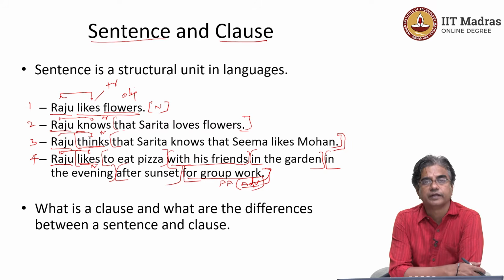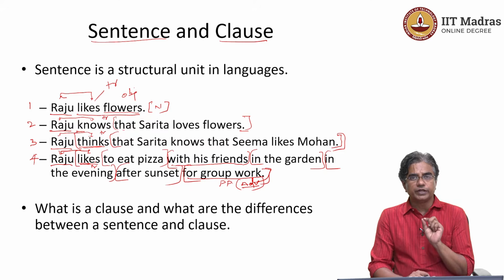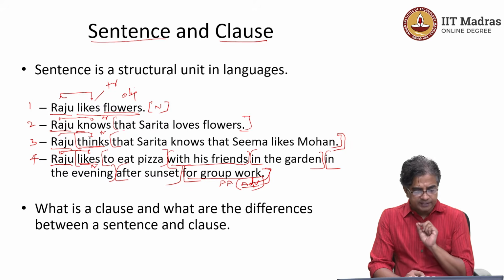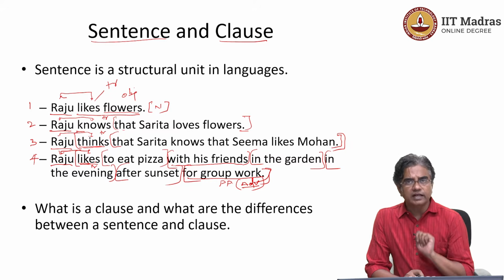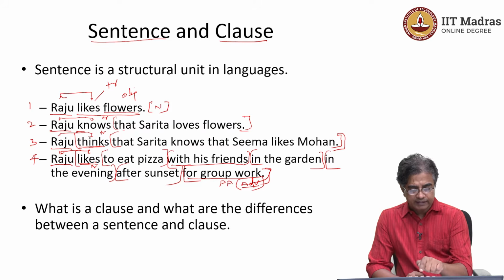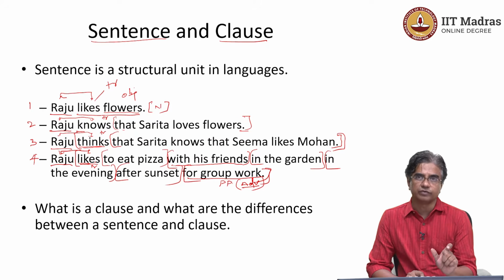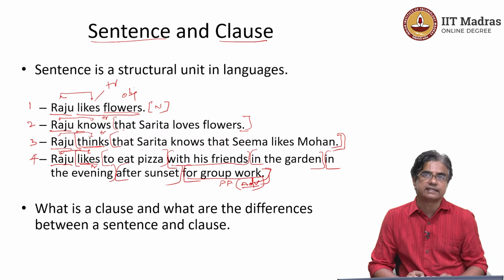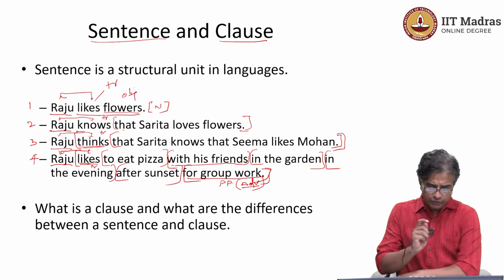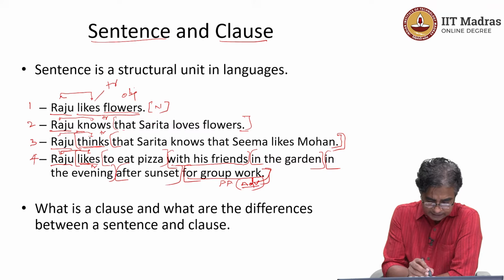Okay. Now, let's come back to the point of an object and similarities and differences. A nominal element is the object in the first sentence. However, a sentence-like structure is the object of the verb know in the second sentence. So, that Sarita loves flowers, look at this.